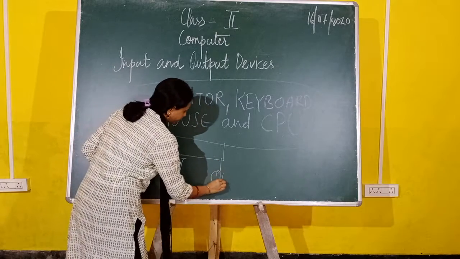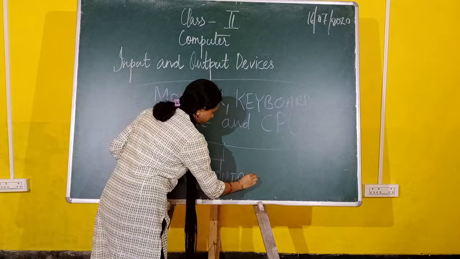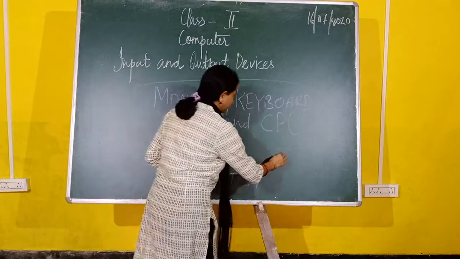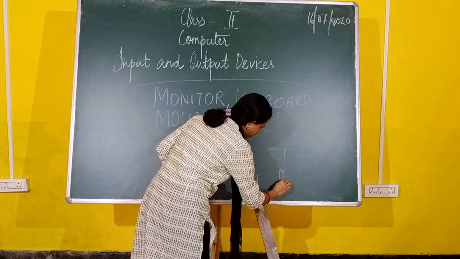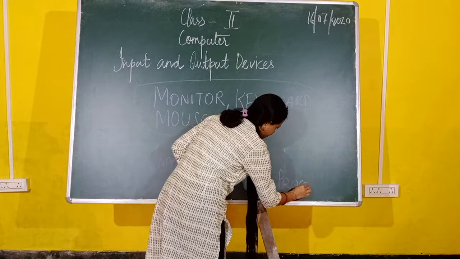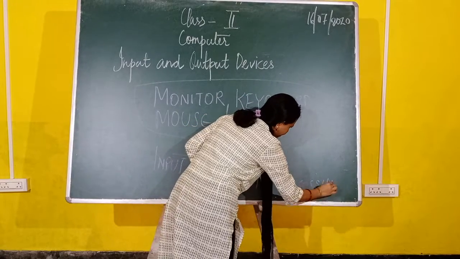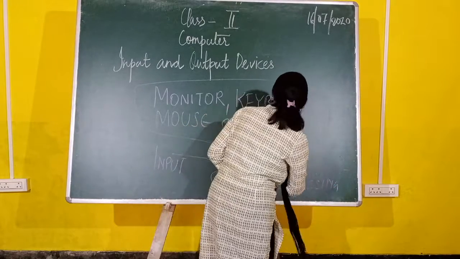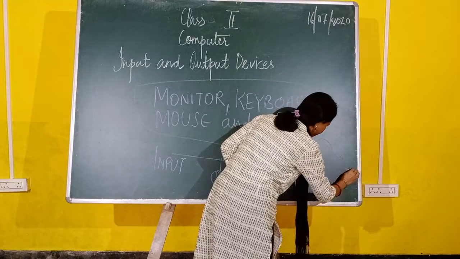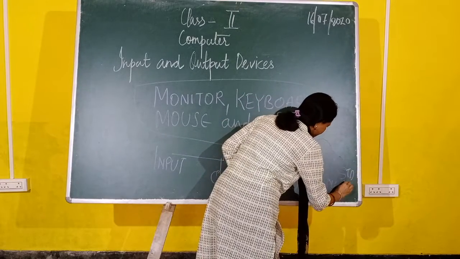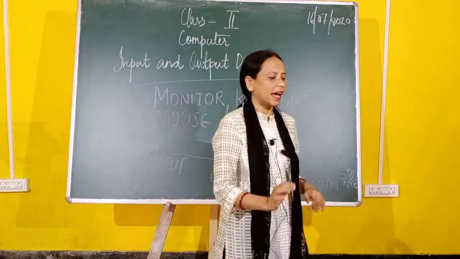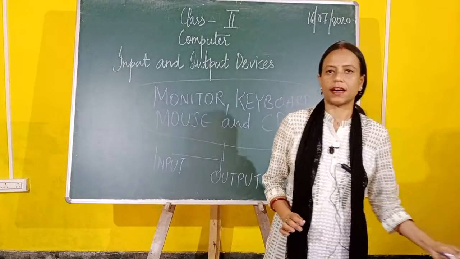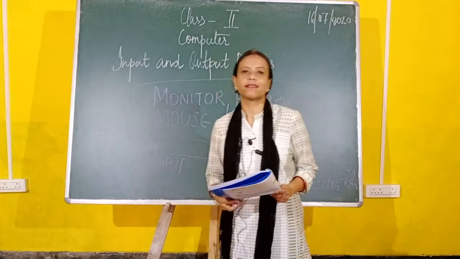These 4 parts are again divided into another 4 parts: input, output, processing and storage devices. And children, you all know that devices means machine.